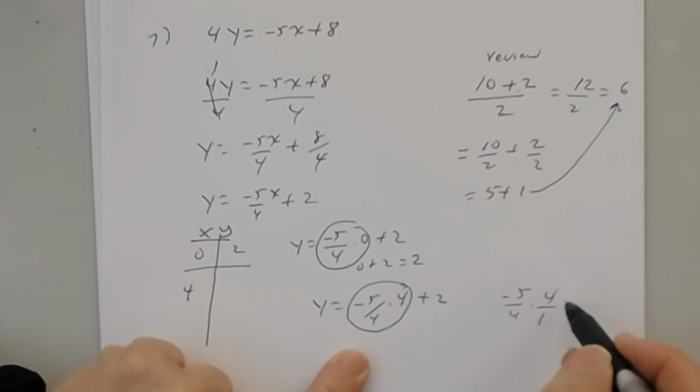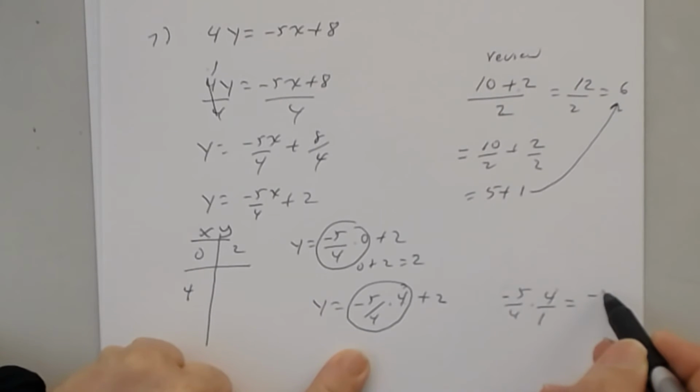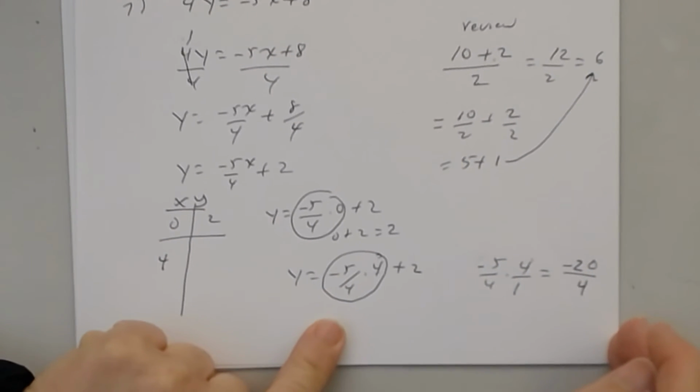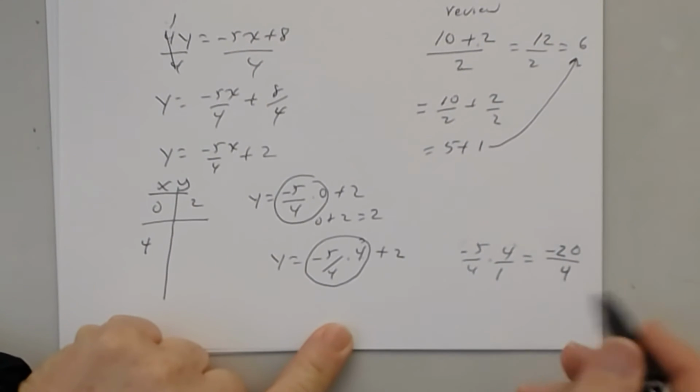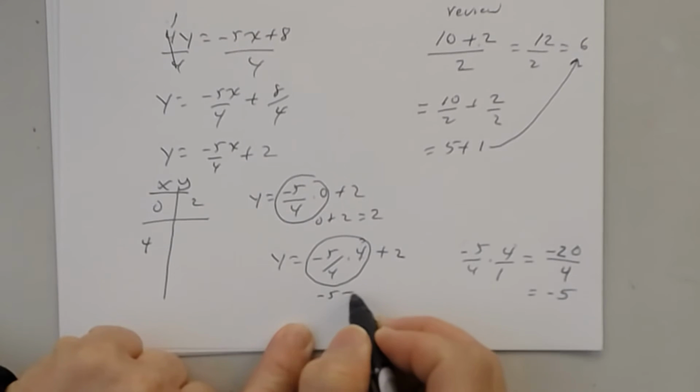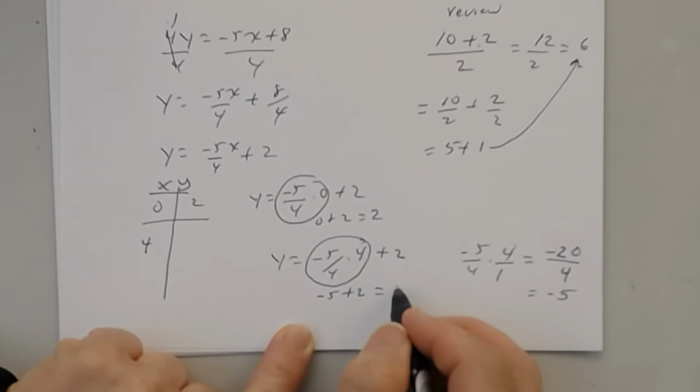What's negative 5 times 4? Negative 20. And then what's 4 times 1? 4. And so what is negative 20 divided by 4? Negative 5. And so this becomes negative 5 plus 2, which is, what's negative 5 plus 2? Negative 3.